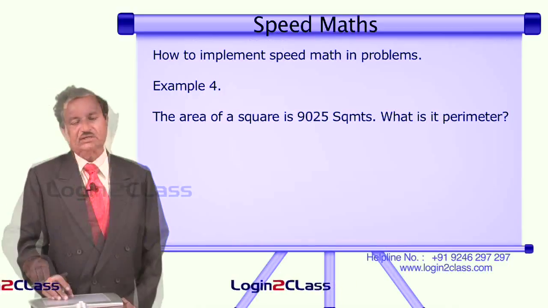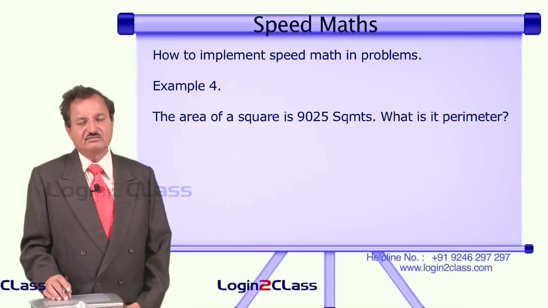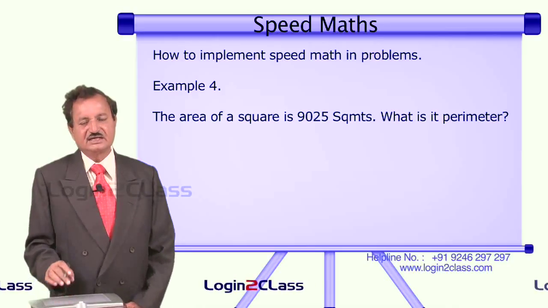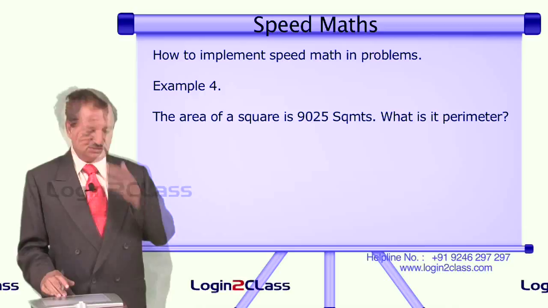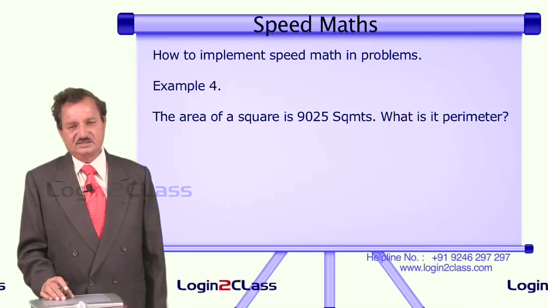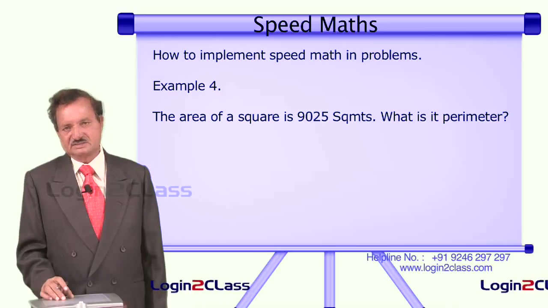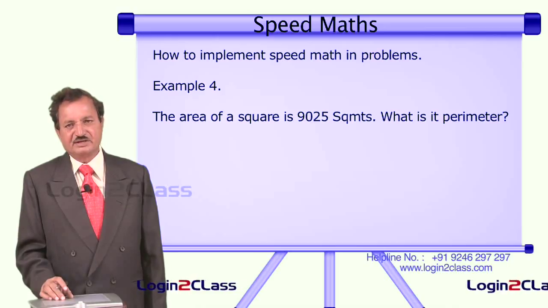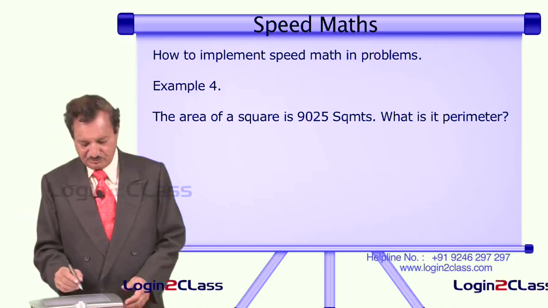Okay. Now let us go to another problem where we can use speed math and get the answer easily. The question is, the area of a square is 9025 square meters. What is its perimeter? Now what to do?